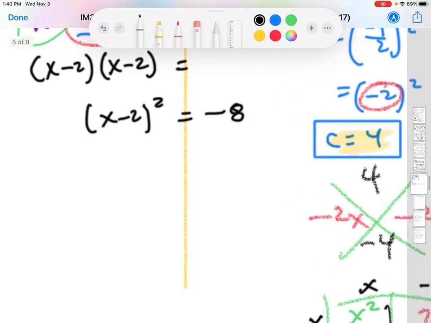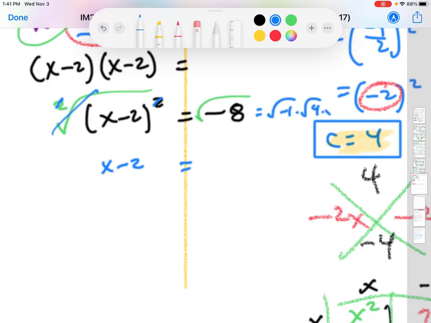Okay, now my expression on the left-hand side is isolated. We can take the square root. X minus 2 equals the square root of negative 8, which is going to be negative 1 times 4 times 2. Don't forget our plus or minus here. This one's going to become i. That becomes 2.